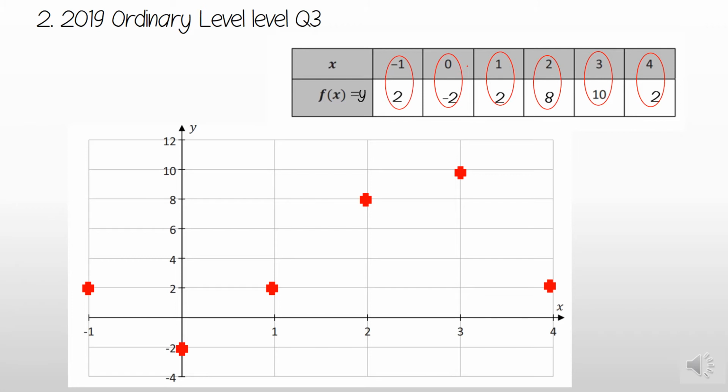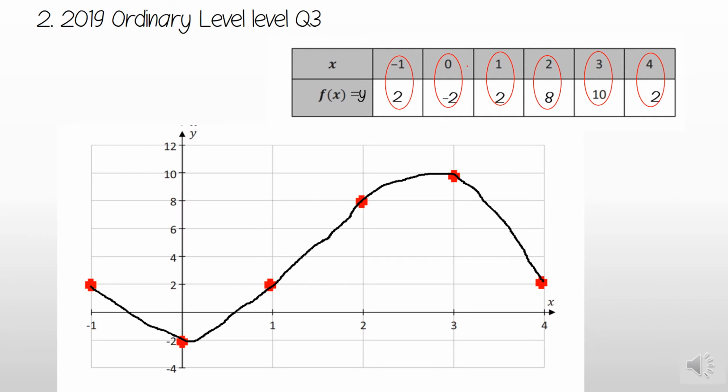But anyway, you can join the points as such. So you join the points, and then you get this kind of like a sine wave or cosine wave shape, a wavy shape. You always get a shape like this when you have an x cubed term as the highest power of x in your equation. So there we go, we drew the curve. Make sure that these are not joined by straight lines, so you can use your free hand like this.